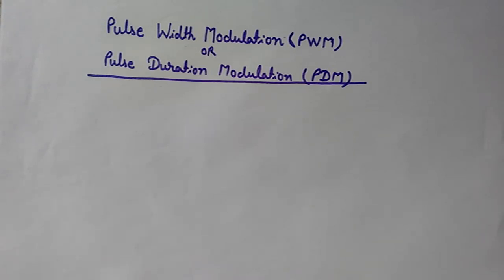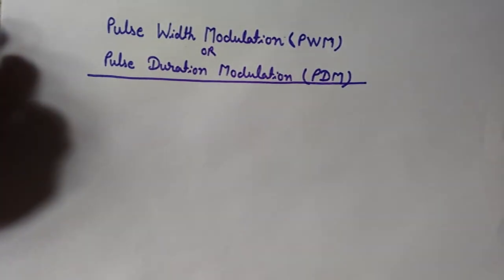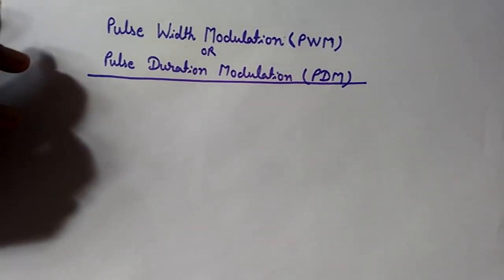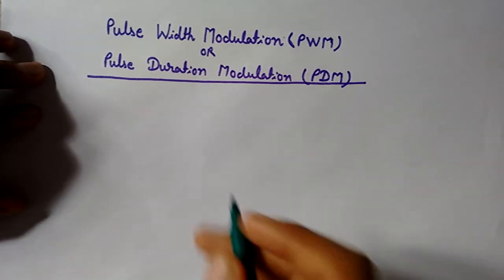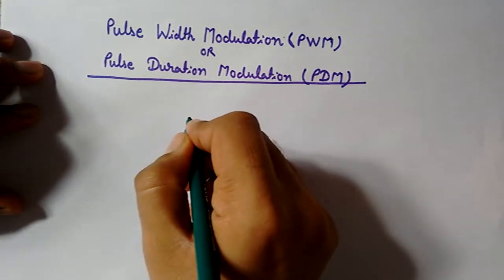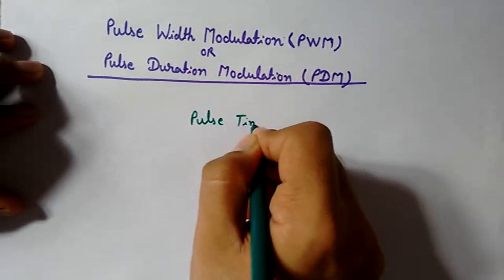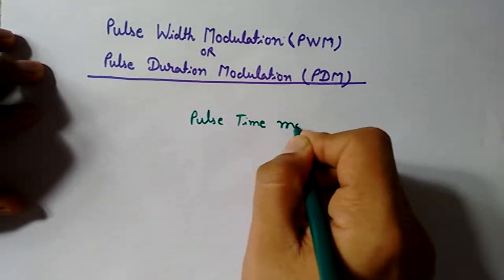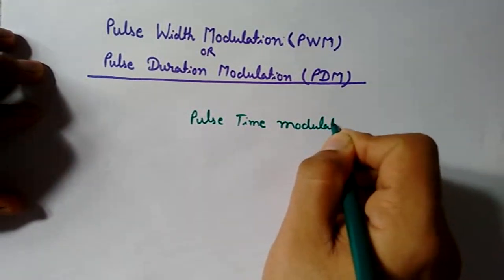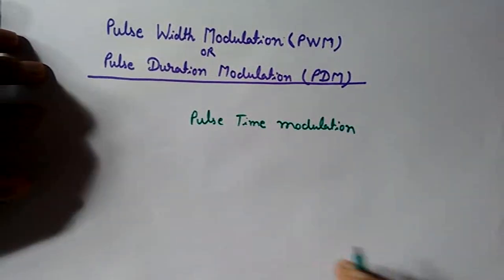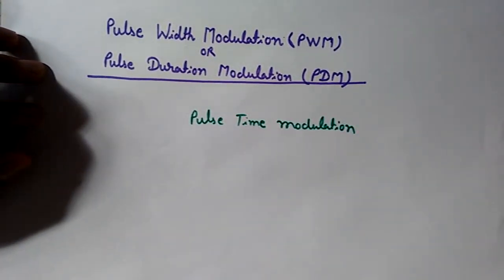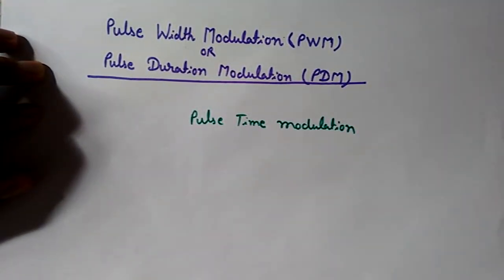Pulse time modulation is of two types. So let me tell you. This pulse time modulation is of two types.